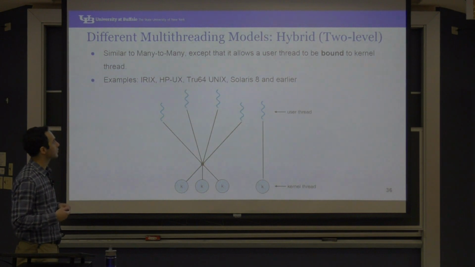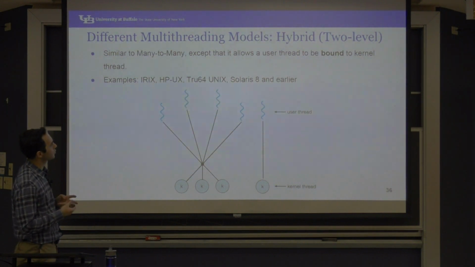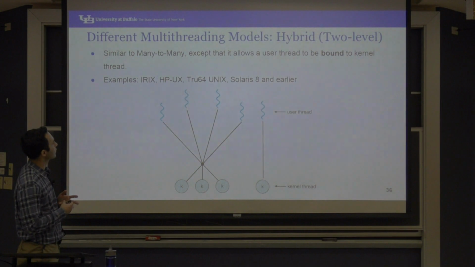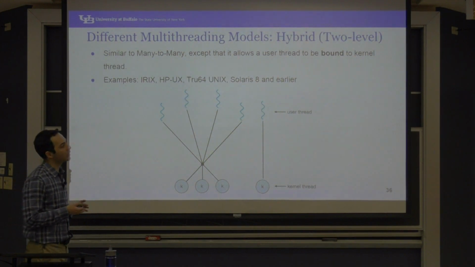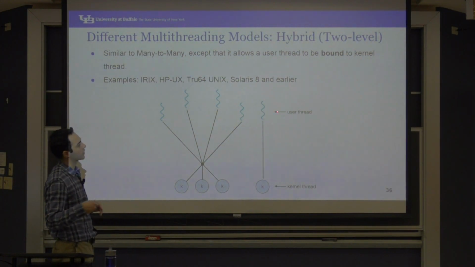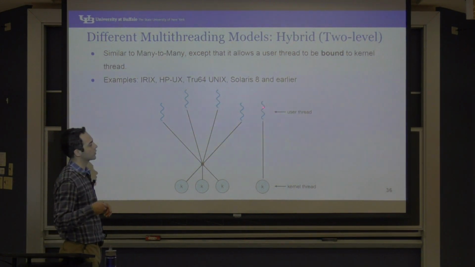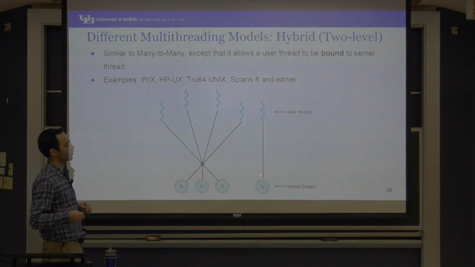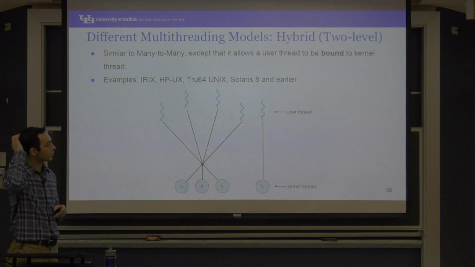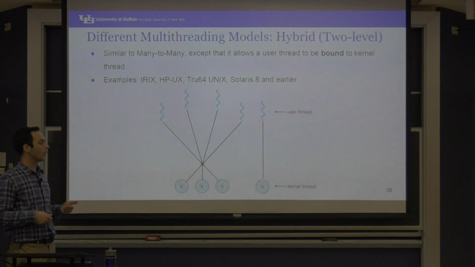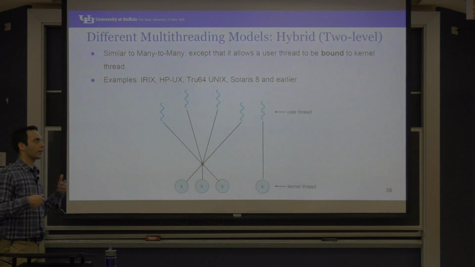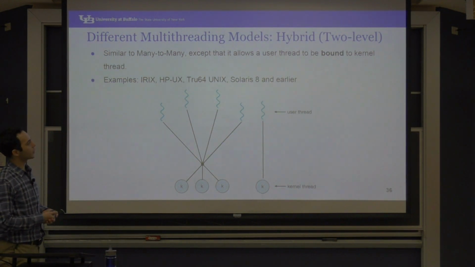That's the difference. Again, this is in not very famous or popular operating systems. The reason could be, for example, if this thread uses a lot of kernel resources, or wants to run many times, or with a high frequency in kernel mode, or has a high priority. So that would allow that.